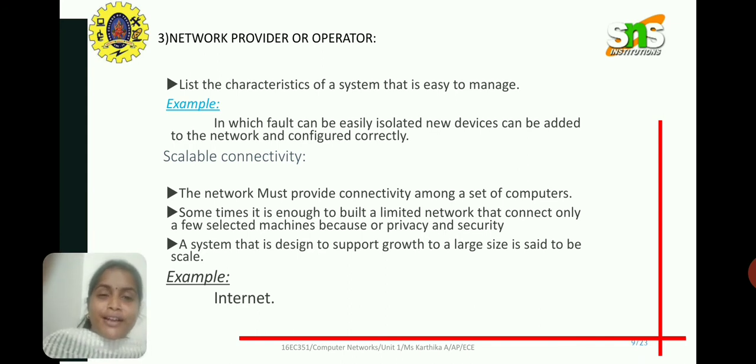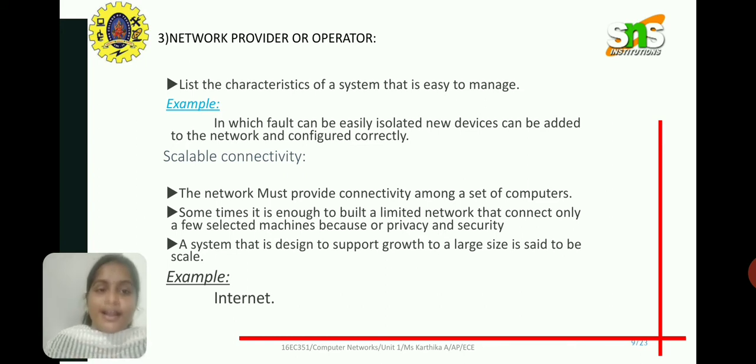And we know that to build a network, scalable connectivity is very important. For example, the network must provide connectivity among a set of computers. It should give a larger number of connections to a set of computers. That's the main thing. Second, sometimes it is enough to build a limited network that connects only a few selected machines because of privacy or security.